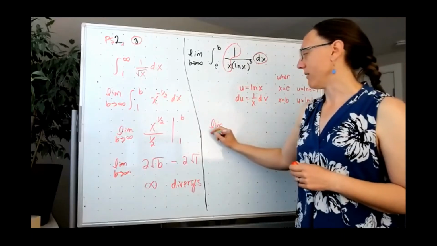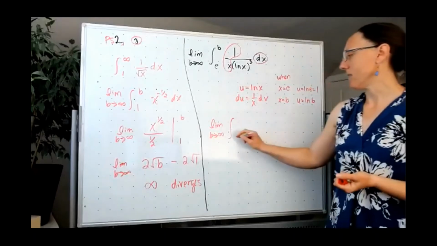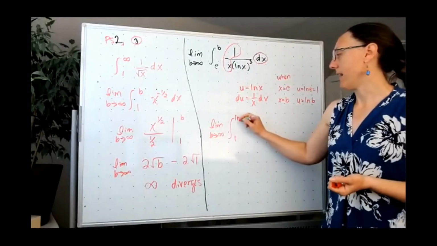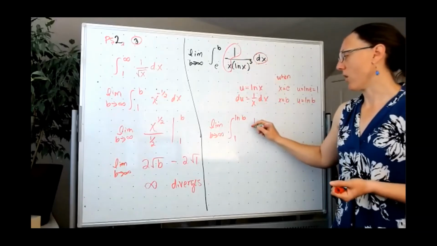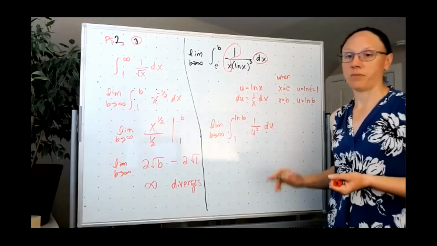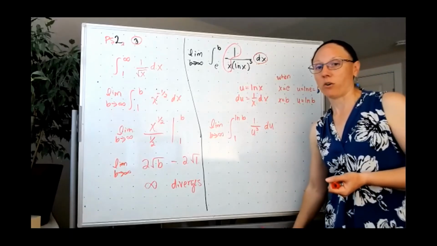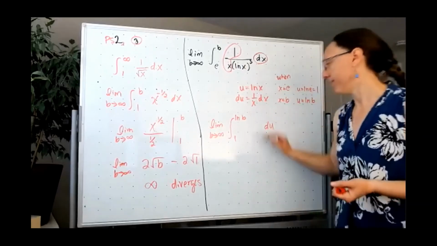So I've got the limit as b approaches infinity, and my bounds become 1 and natural log of b. The function we have in here is 1 over u cubed du. And I'm going to write that 1 over u cubed as u to the negative 3rd power.